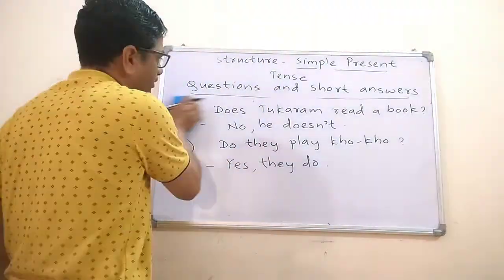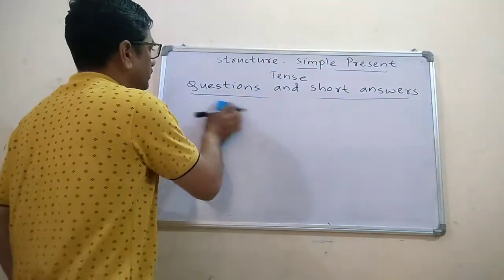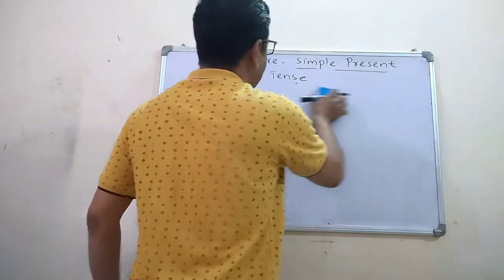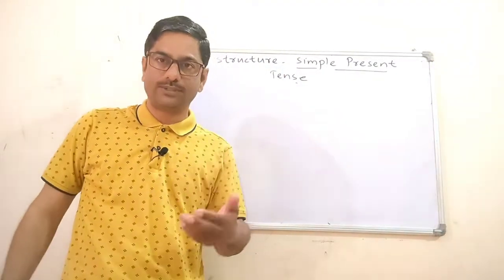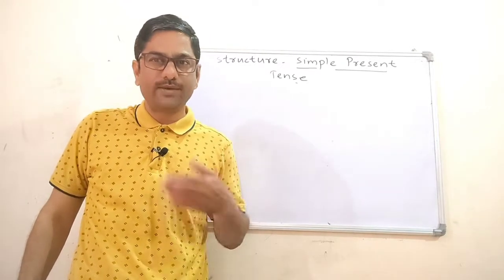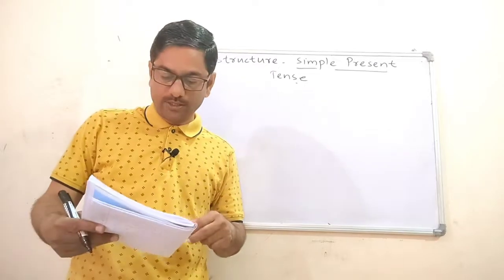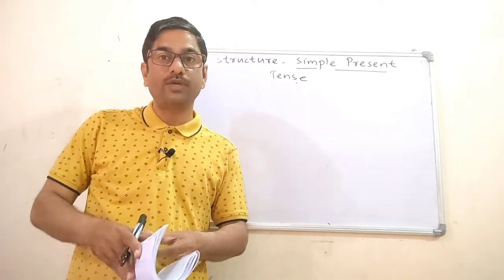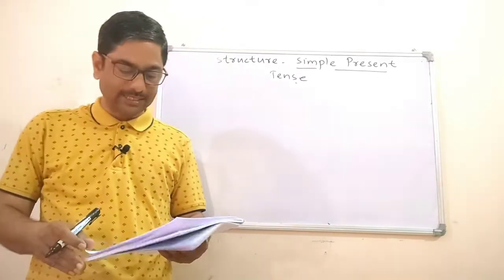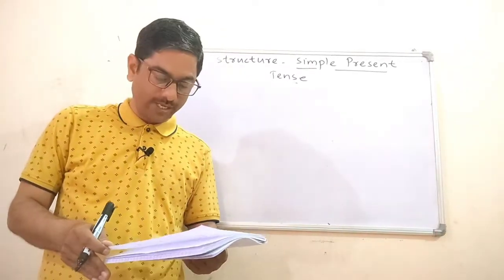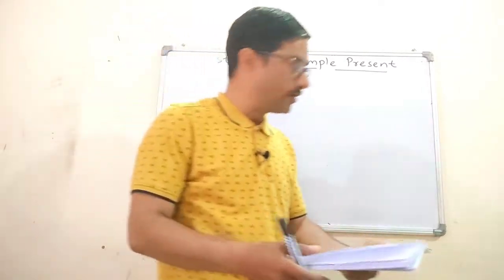See, simple present tense is used for those actions which we do often every day. For that we make use of simple present tense. So many times we add adverbials to these sentences, such as often, always, usually, never, sometimes, occasionally.